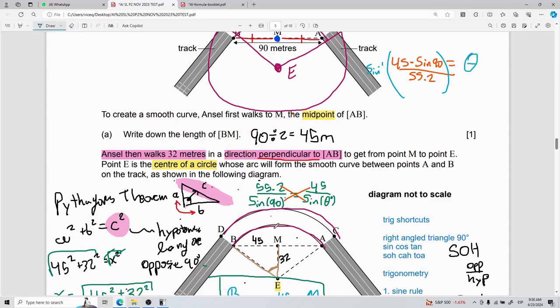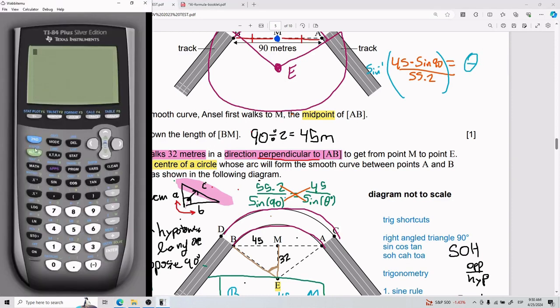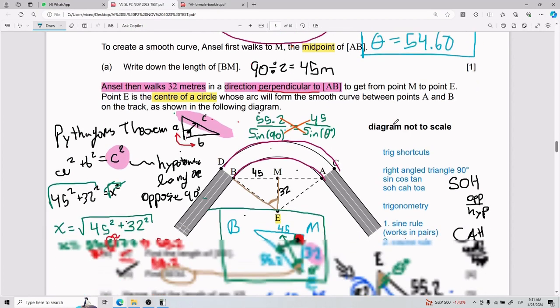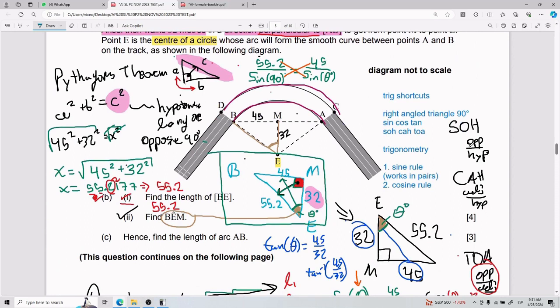So theta is going to equal all of that, which yes looks nasty, but trust the process, it's going to work out. I'm going to do sine inverse and then put a fraction, 45 times sine 90 divided by 55.2, close parentheses, there it is, 54.6. Theta equals 54.6.